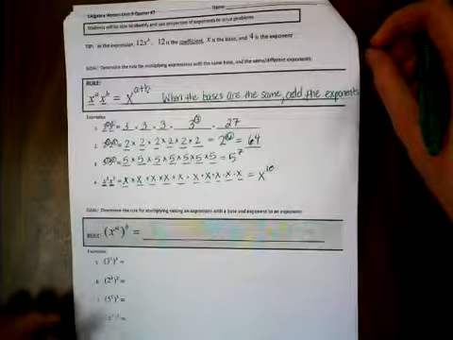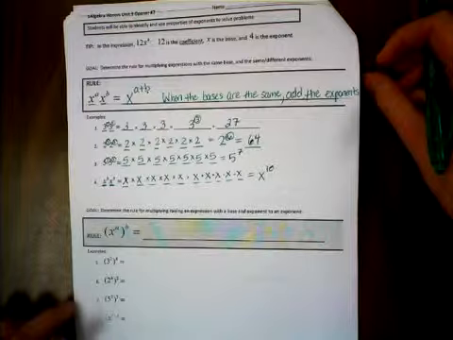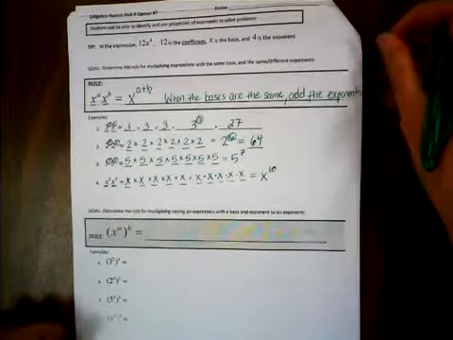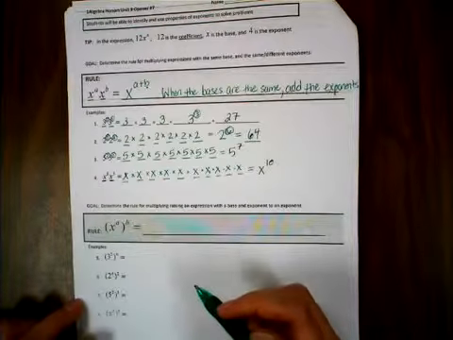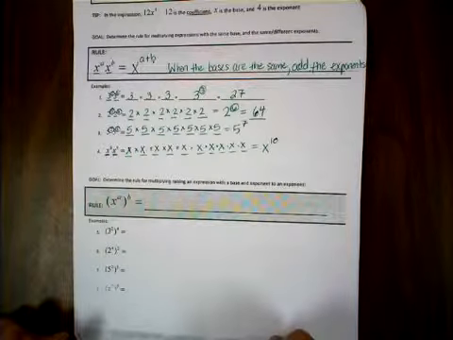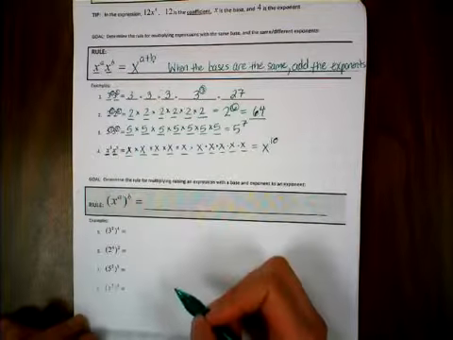The other goal in this opener is to determine the rule for raising an expression with a base and an exponent to an exponent. So I have a feeling this one might follow some similar rules, but I'm going to do the same thing. We'll go through the example first, then we'll generalize and see if we can find a pattern. So the first example is 3 to the second raised to the fourth power.